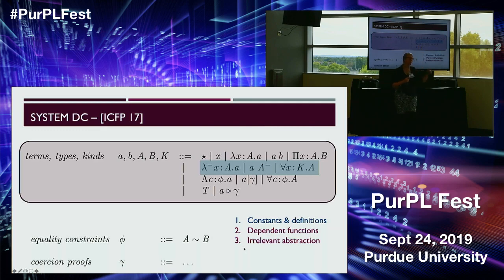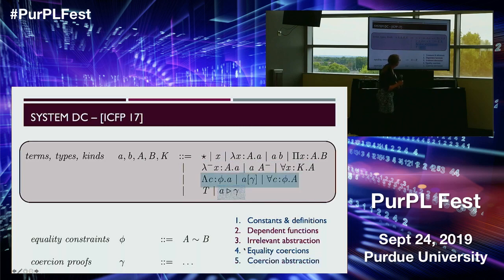So instead of making a syntactic distinction, where the only thing you can erase are types and you can't erase anything else, we're making our distinction based on what we actually care about, whether we're going to erase it or not. So we put in two different kinds of dependent functions, and we still also have equality coercions and coercion abstraction, just like we had before.